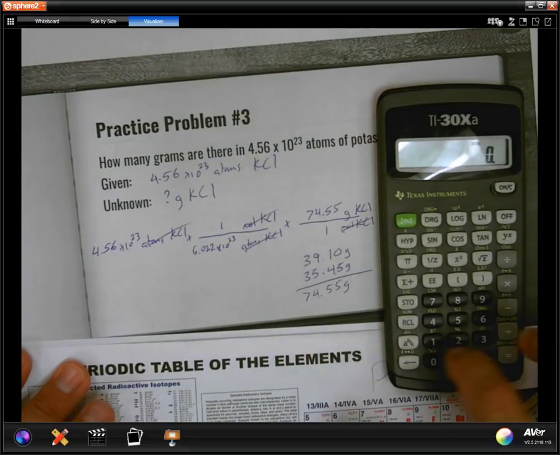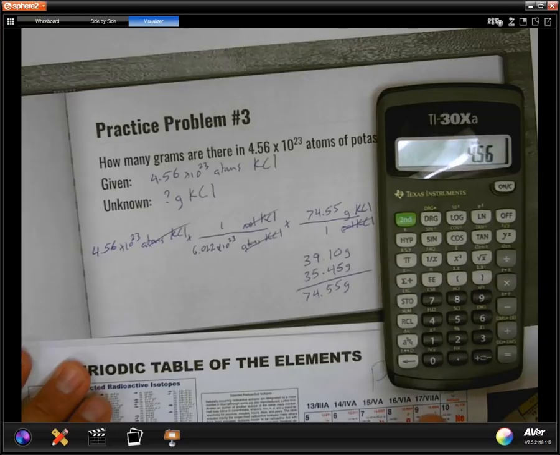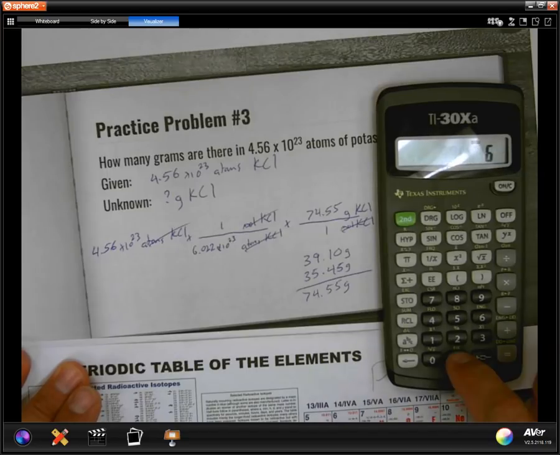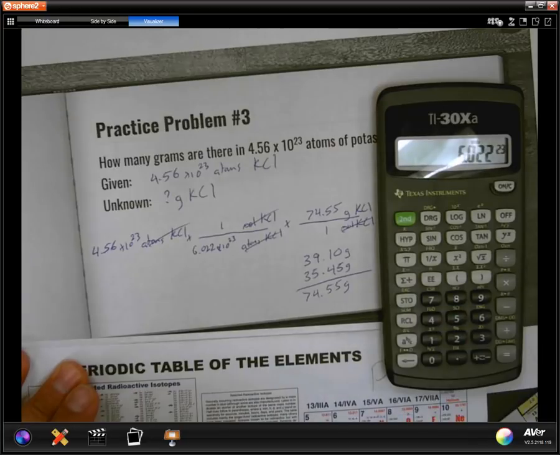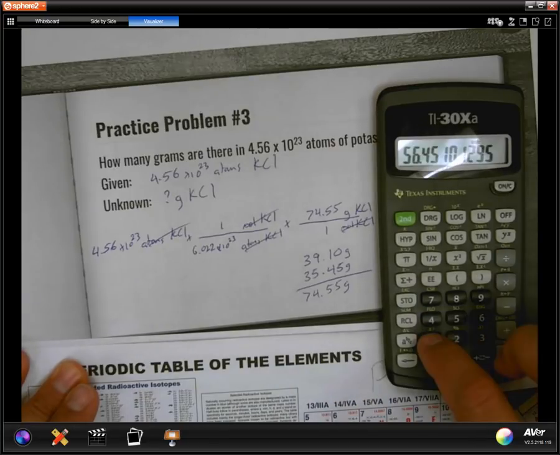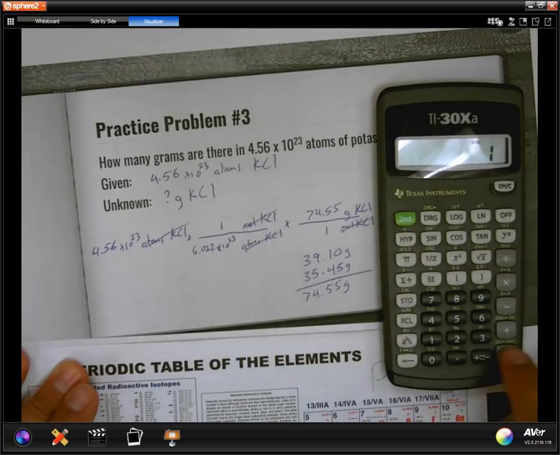I have 4.56. I need to hit my EE button to bring it up to the 23rd power. Then, again, multiply across the top, times 1, times 74.55. Now we're going to hit divide by 6.022 EE to the 23. And then we would again hit divide by 1. Even though it's redundant, we'll do it just for practice.